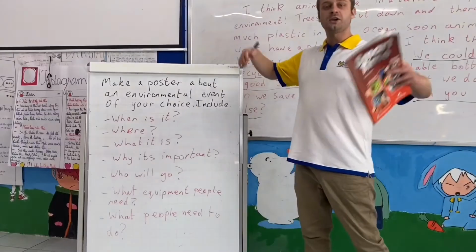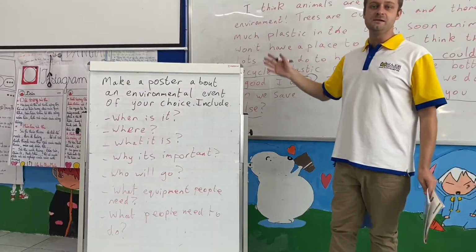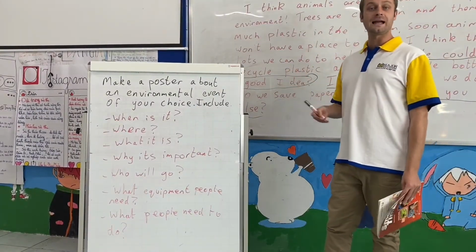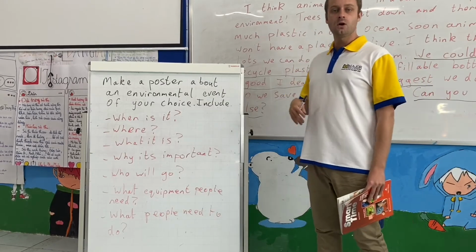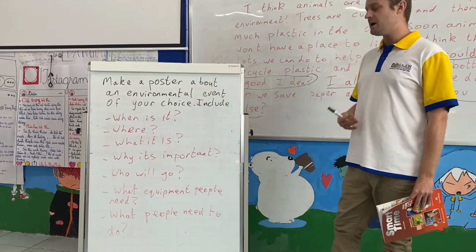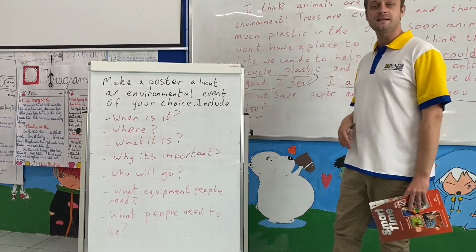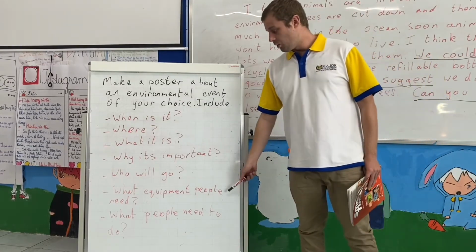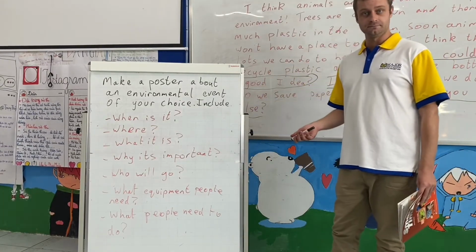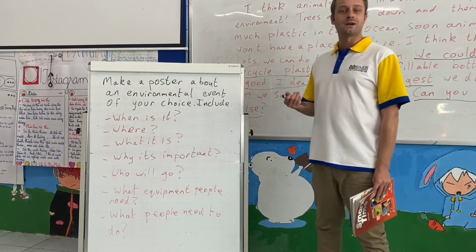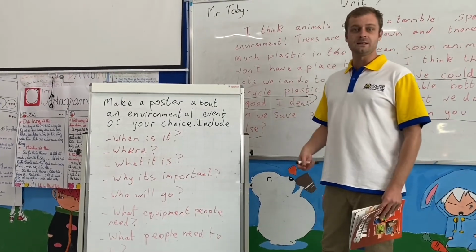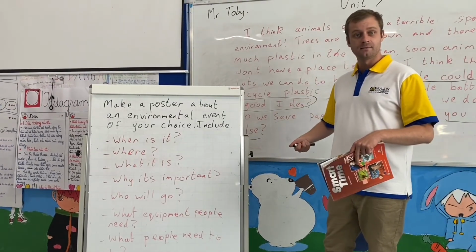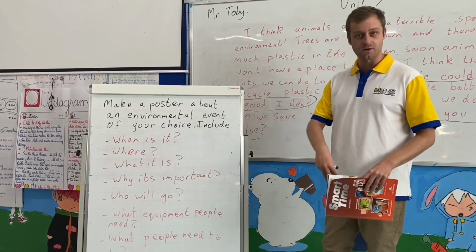Will it be a huge event with millions of people across the whole world, like Earth Day? Or will it just be a small event with people from your school or your street? Who will go? What equipment people need? If you're cleaning, what do you need? Well, a bag and gloves to pick up rubbish.